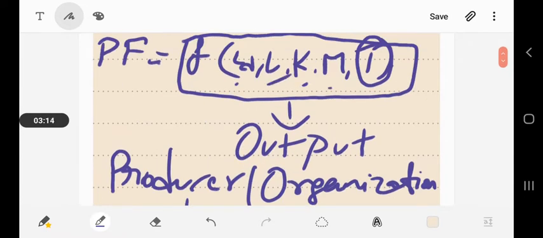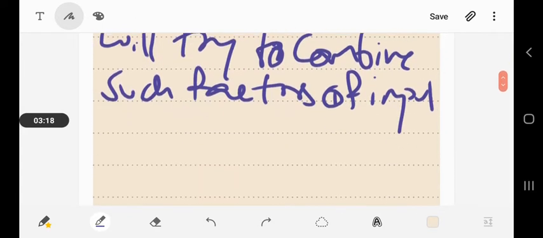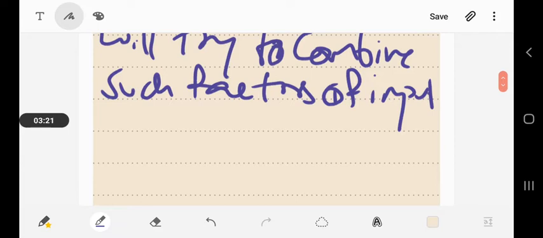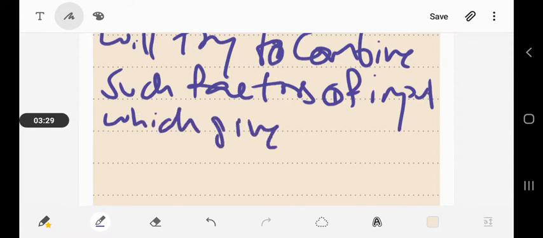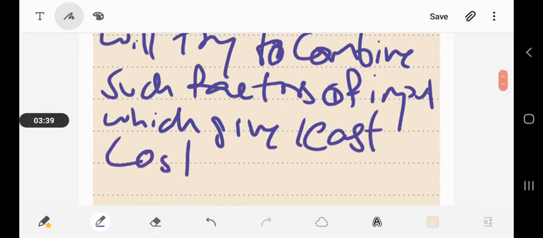Land, labor, capital, management, which give the minimum or least cost.